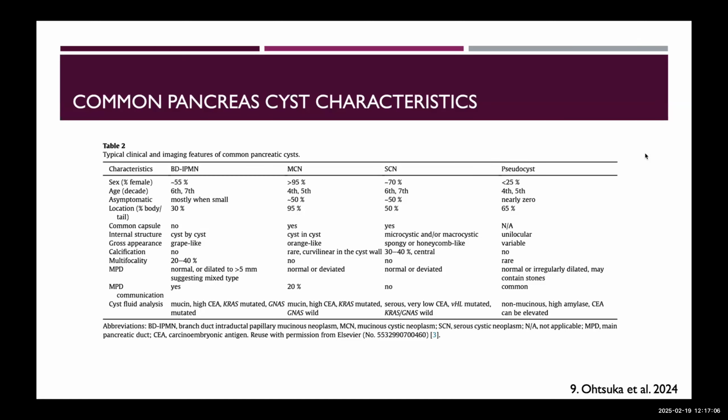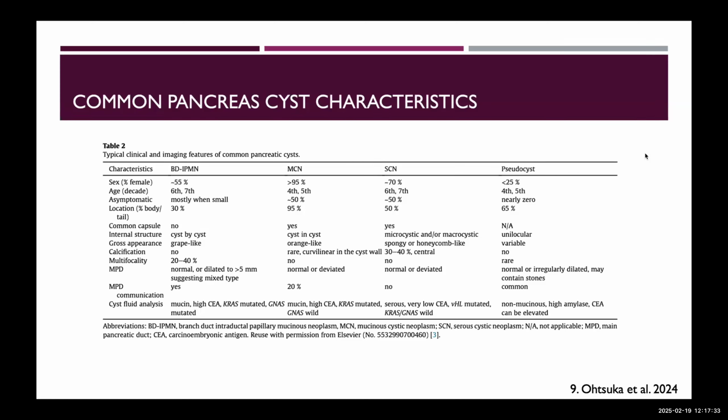These lesions, once again, don't tend to be involving the main pancreatic duct, but if they're in an opportune location, they can cause compression and upstream dilatation. And once again, not classically involving the main pancreatic duct. And lastly, we've got the pseudocysts. It mentions that it's mostly a male predominant feature, but it obviously can happen with anyone who's had pancreatitis, usually occurring in the 4th and 5th decade.